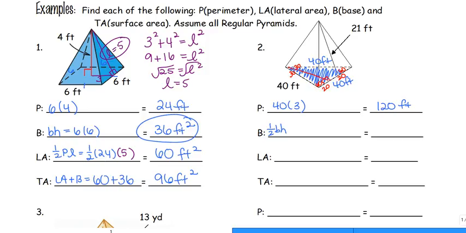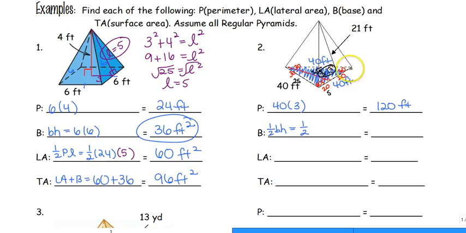Across from 30 is your S, across from 60 is your S root 3, and across from 90 is the 2S. So we have, again, this is going to be 20, this is 40, the height is S root 3, which is going to be 20 root 3. So when we go back, we have 1/2 the base of that triangle.